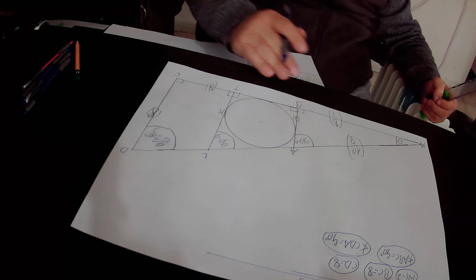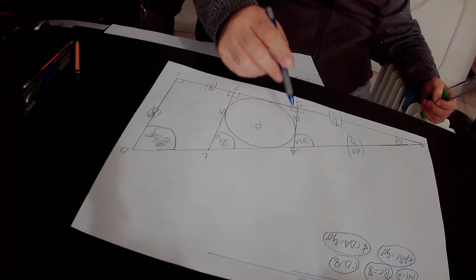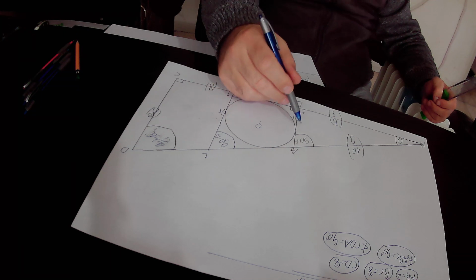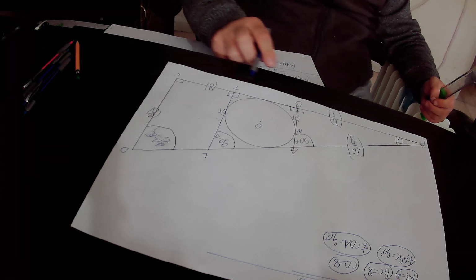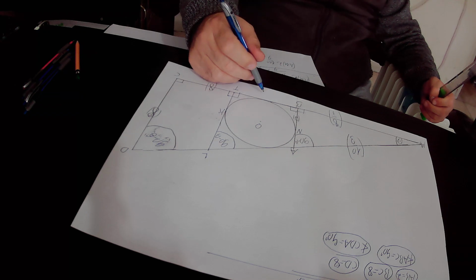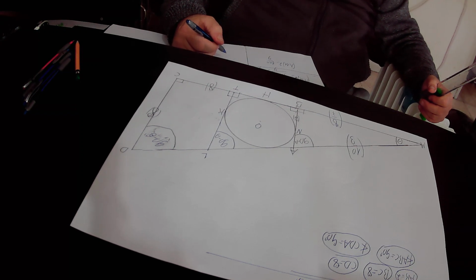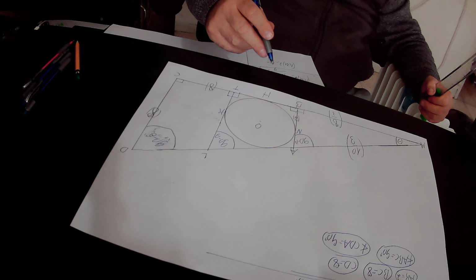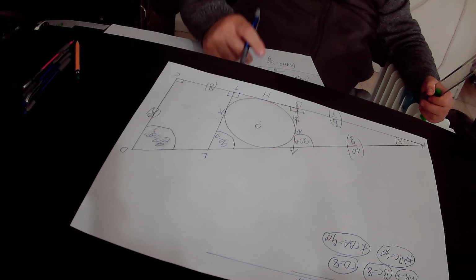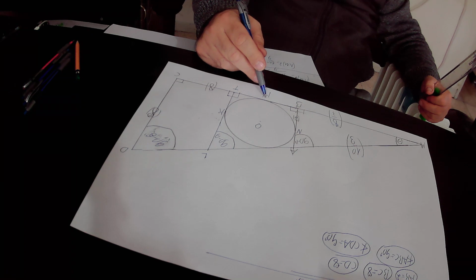In the next step, we define the center of this circle, this point, as O. We define the point of tangency of this tangent AB with this circle as N. And finally, we define the point of tangency of this tangent BT with this circle as H. We will define the radius of this circle as X. So point O is the center of the circle, point H is a point on the circle itself, therefore OH is the radius of this circle.